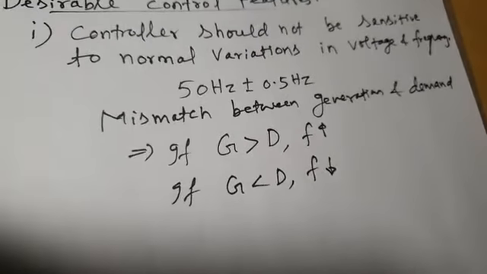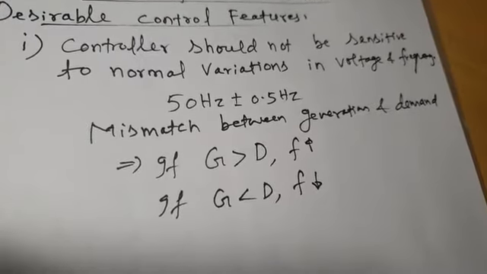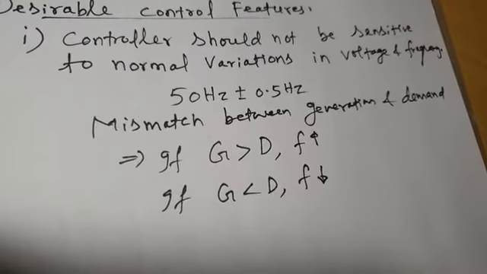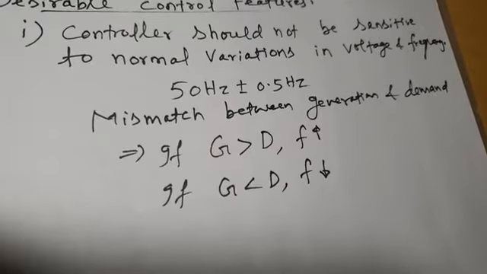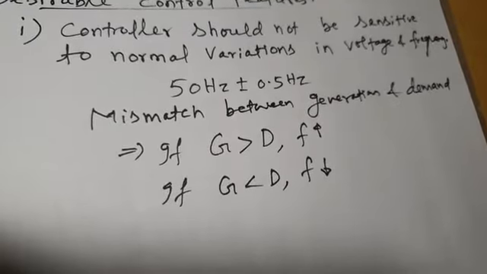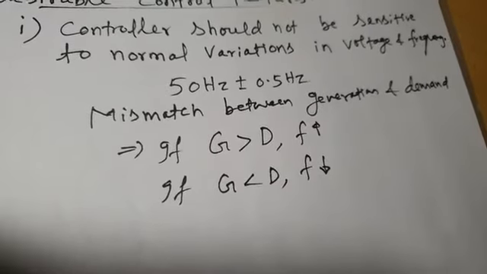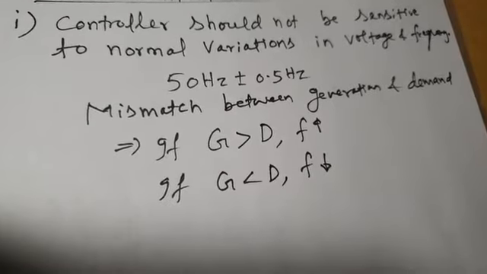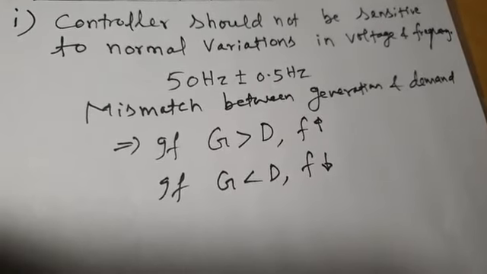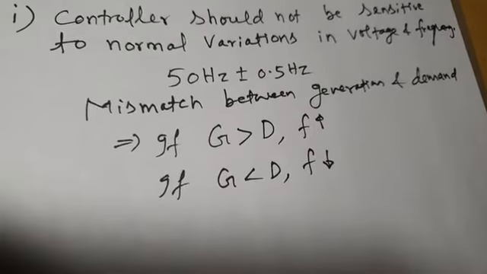Your frequency sometimes may go from 50 hertz to 50.5 hertz, and sometimes if generation is less than demand, it may go down from 50 hertz to 49.5 hertz. So these are normal, small variations within the permissible limits, within the tolerance limits. And your controller should not be so sensitive that it operates on these small or normal variations in voltage and frequency.